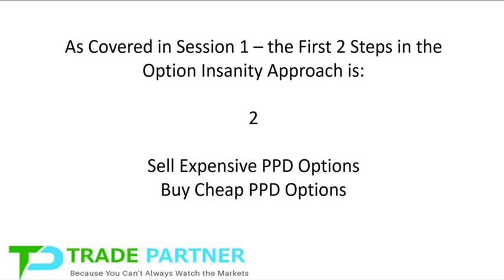All right, so we have to have those 2 combined elements in order to have an option insanity trade. Those 2 combined elements have to exist.